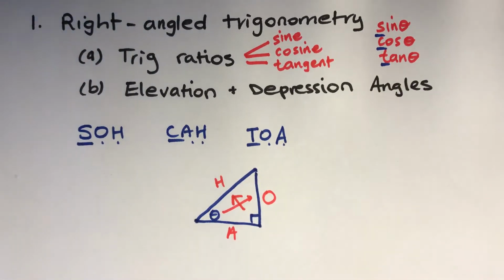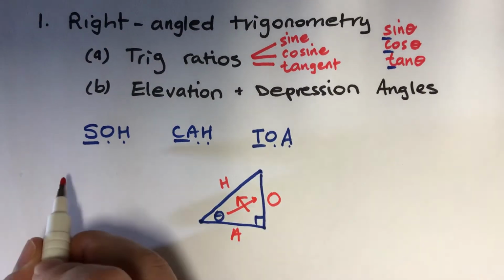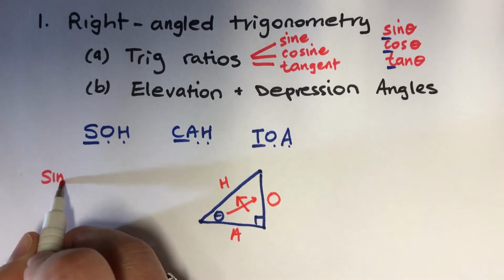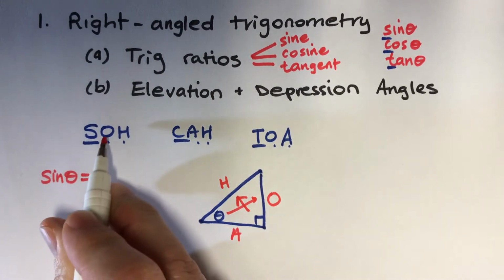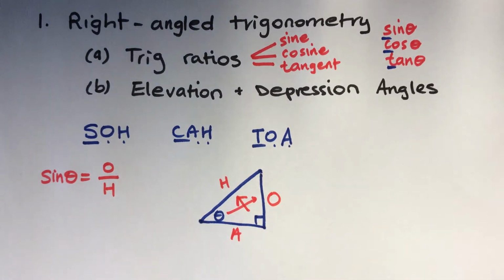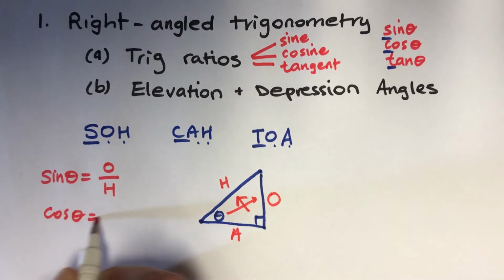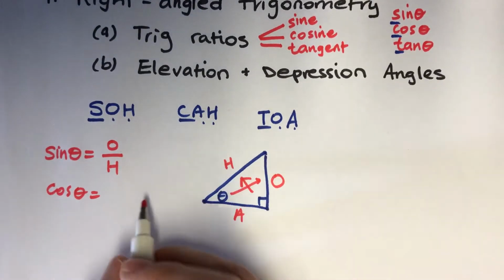Now, remember, it's a trig ratio, so it's going to be in fraction form. Sine theta equals, what that really means is opposite over hypotenuse. And then cos theta, have a guess, what would that be?